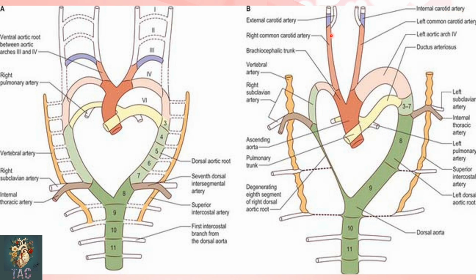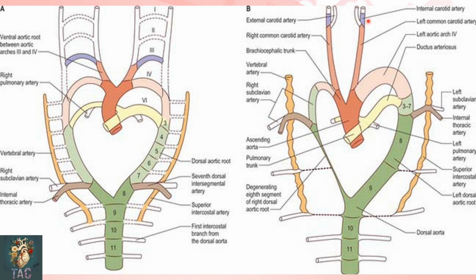Remember please, and this area, which is part of the ventral aorta, arises as a sprout from the ventral artery, and it will form the external carotid. And the ventral aorta, between the junction of the third and fourth aortic arches, will form the common carotid. So again I repeat, the third aortic arch will form the proximal part of internal carotid.